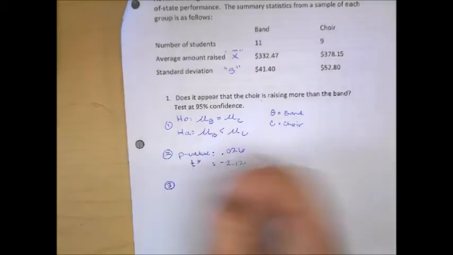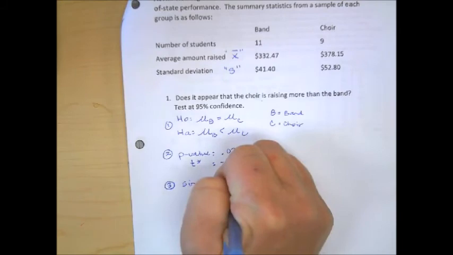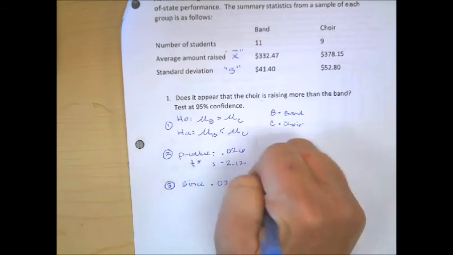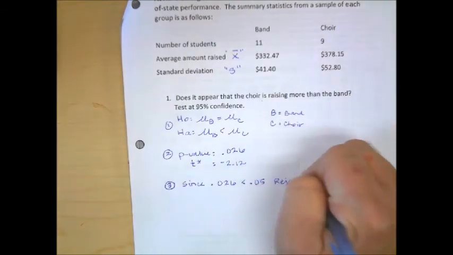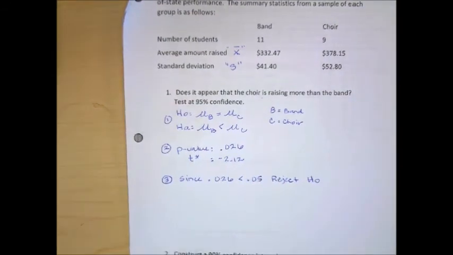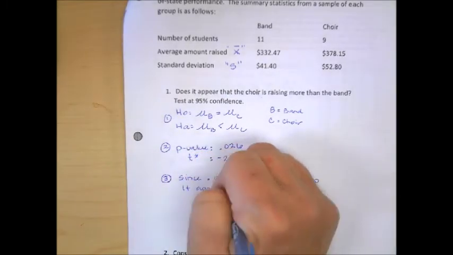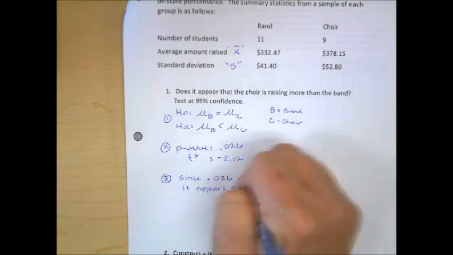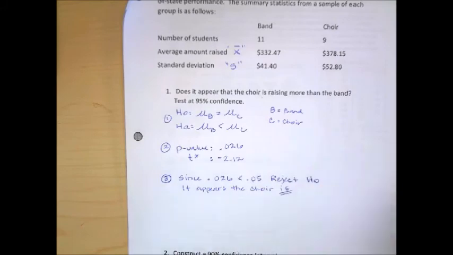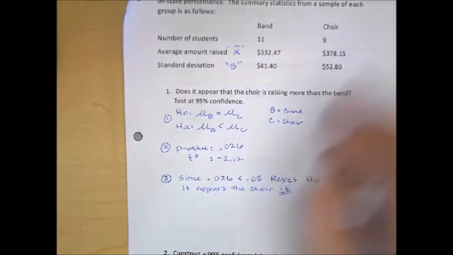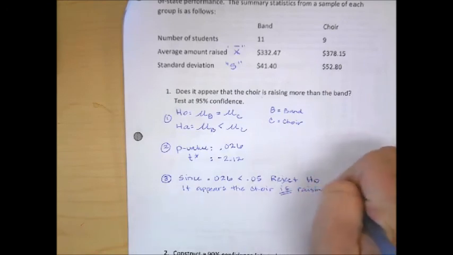Since 0.026 is less than 0.05, we're going to reject H0. It appears the choir is raising more than the band.